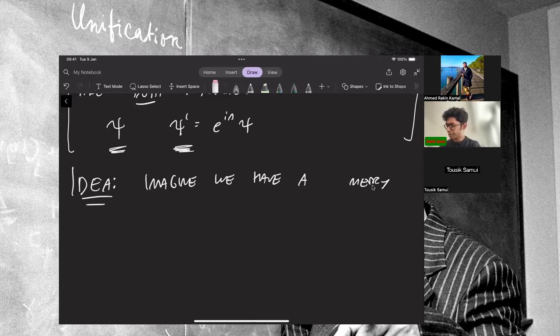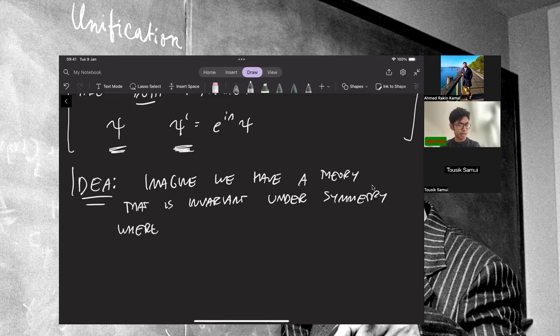Imagine that we have a theory that is invariant under a symmetry where the symmetry parameter varies in space-time.